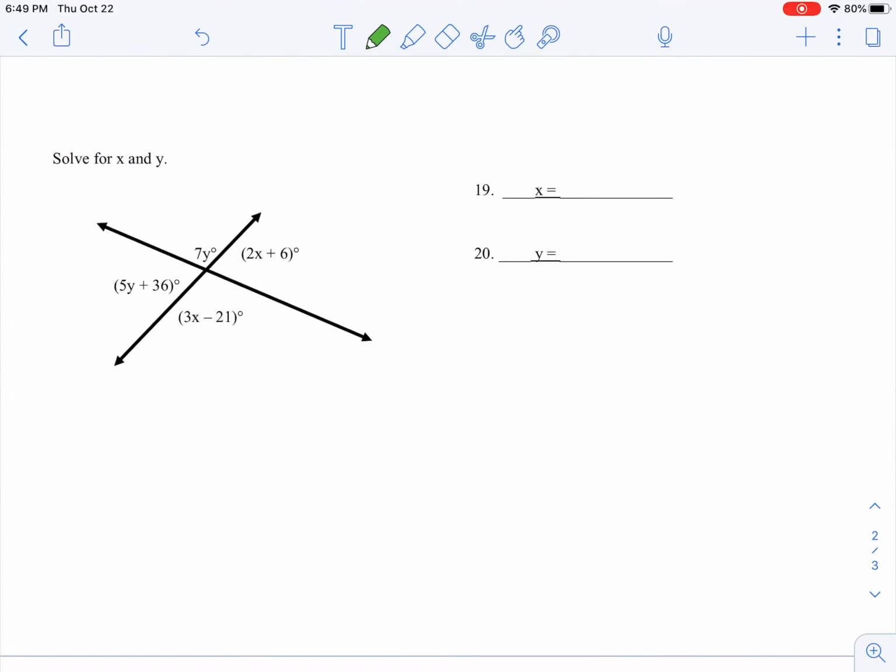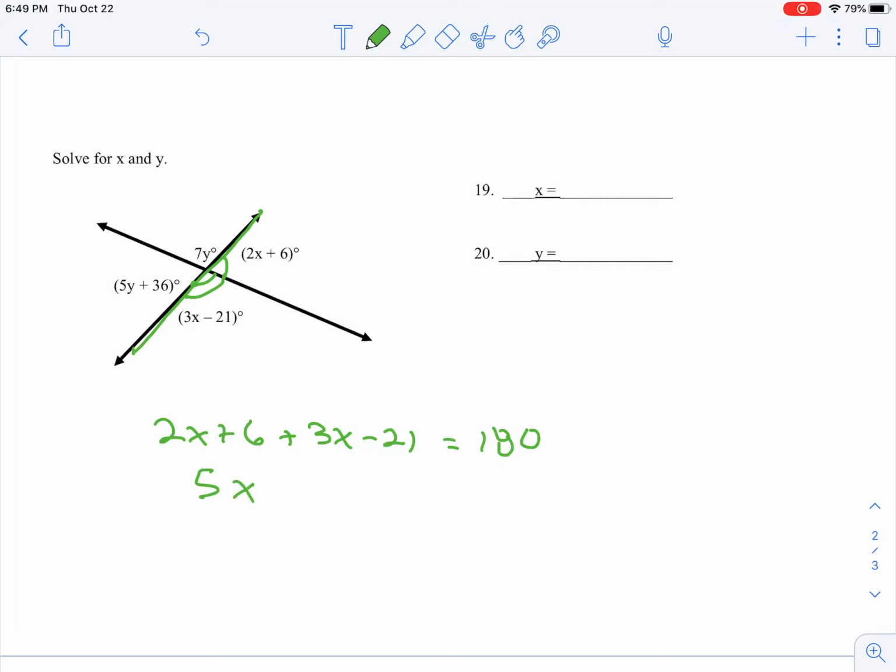Okay, we have one more question to go through and explain. All right, it says solve for x and y. Well, you can see right here that for x, we have a linear pair with these two angles. And the linear pair postulate says they're supplementary. So that means that 2x plus 6 plus the other angle, 3x minus 21, adds up to 180.